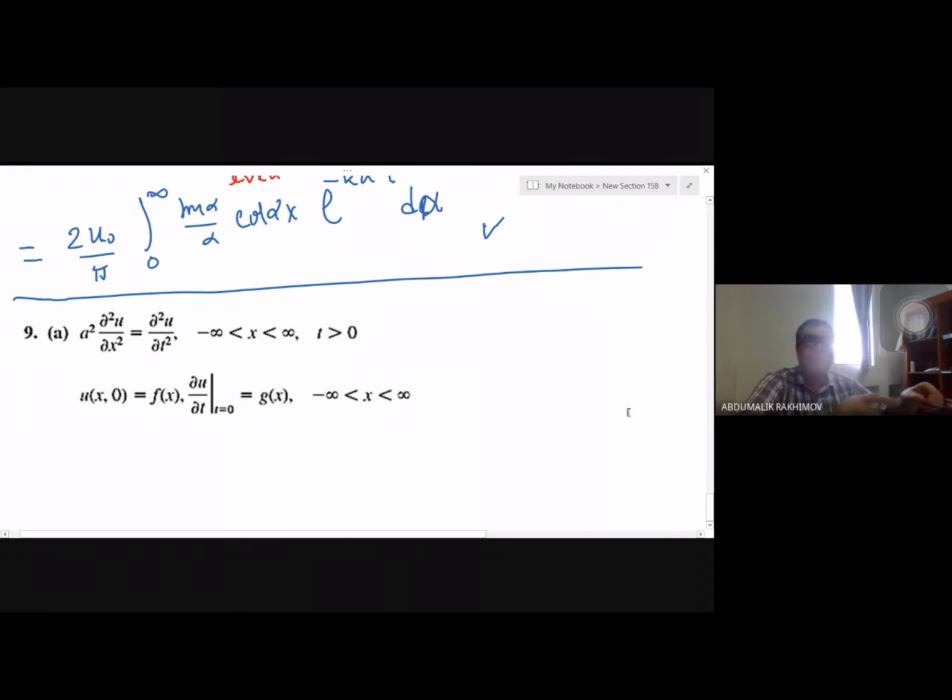This is about wave, right? This is a wave propagation or wave equation. Wave problem for the unlimited or unbounded string.